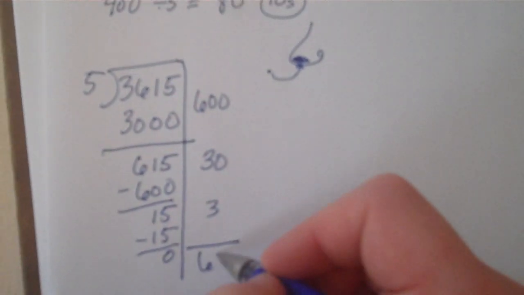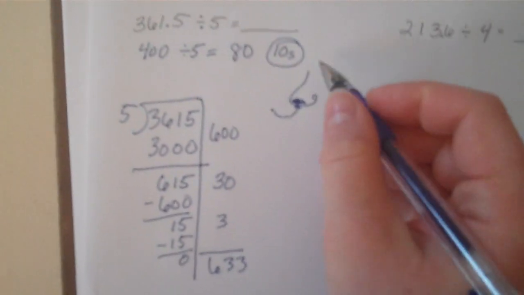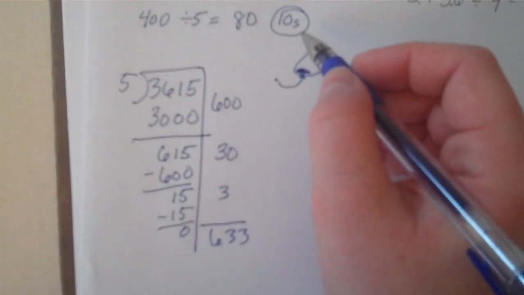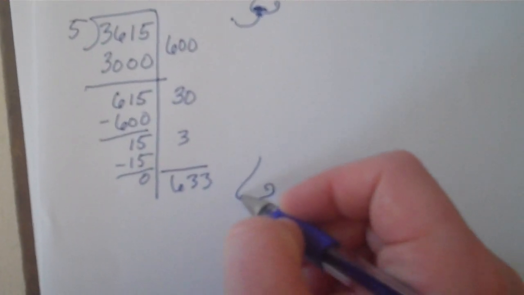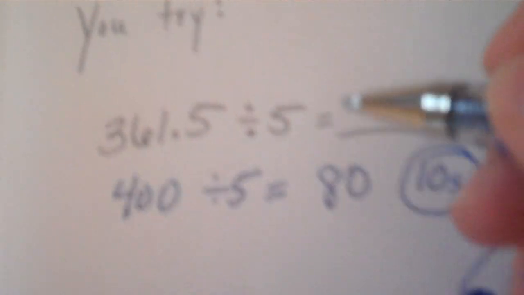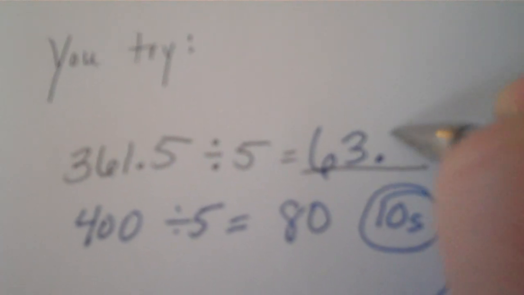So, 633 fives in 3,615. But if I think back to my magnitude estimate, it should be in the tens, which means my decimal, when it comes out of my nose, is going to go right there. 63.3. That's an answer in the tens. 361.5 divided by 5 equals 63.3.